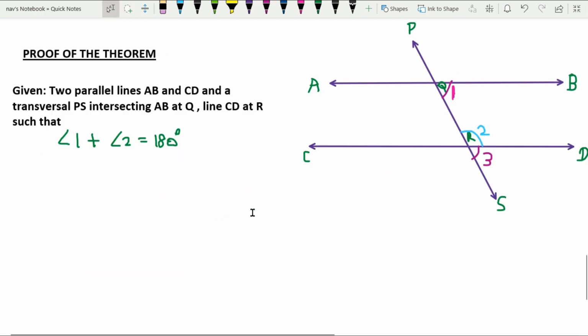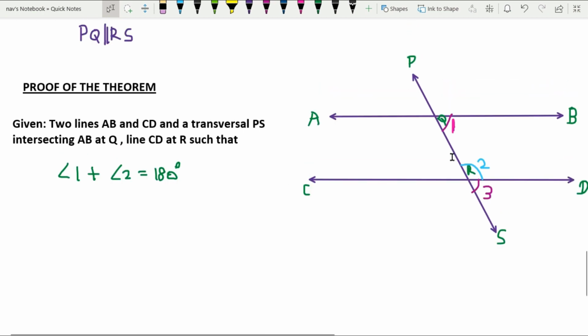Since this is a theorem, it has a proof. Now let us see why this theorem works by looking at this proof. So let us write the given information. What's the given information? Two lines AB and CD and a transversal PS intersecting AB at point Q and intersecting CD at point R such that one pair of co-interior angles is 180 degrees.